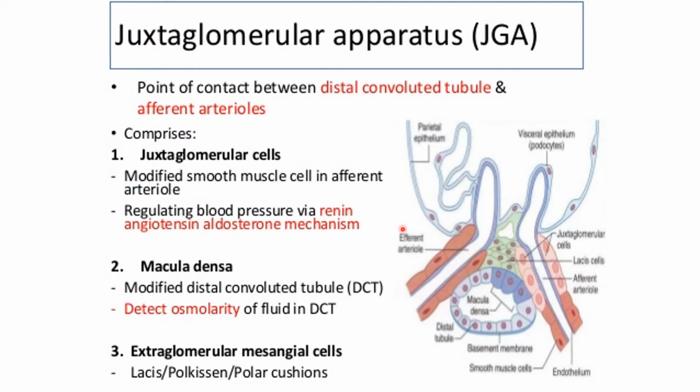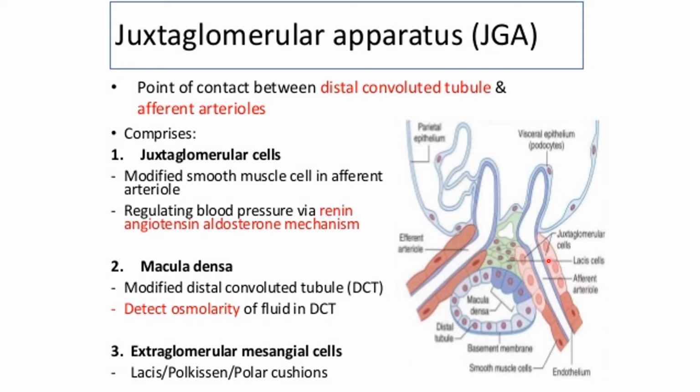So this is a very important structure, the JG apparatus, the juxtaglomerular apparatus. Actually, the juxtaglomerular apparatus is a point of contact between the distal convoluted tubule and the efferent arteriole. So look at the structure here. This is the efferent arteriole.